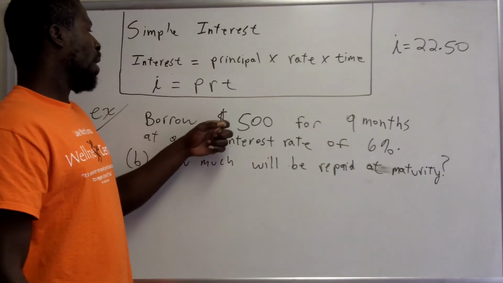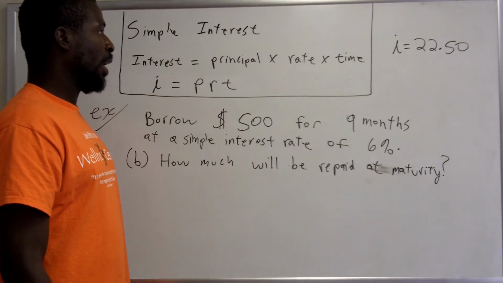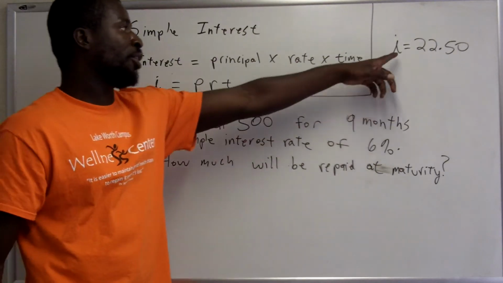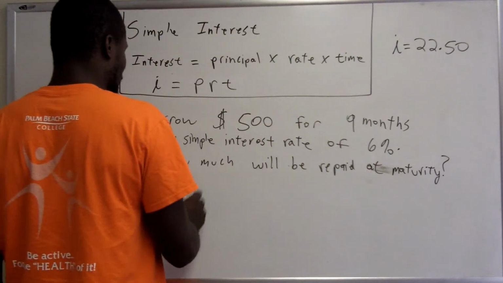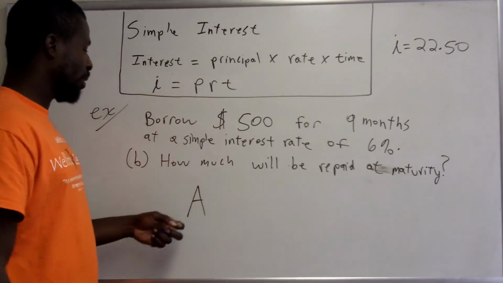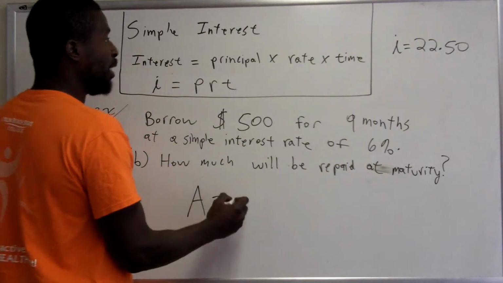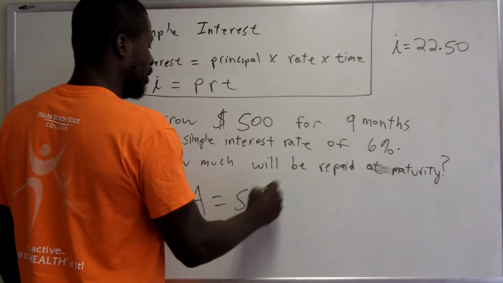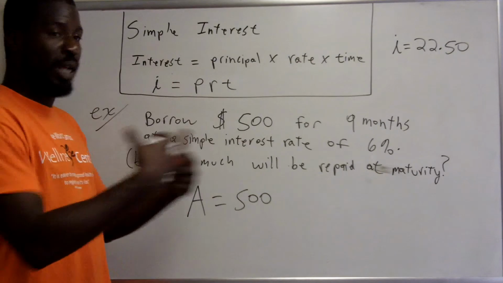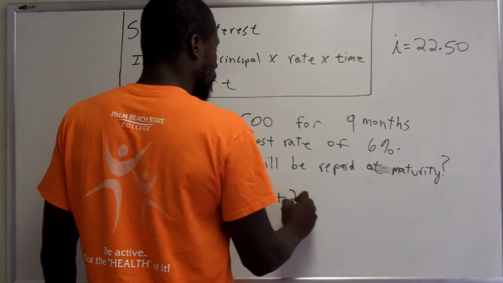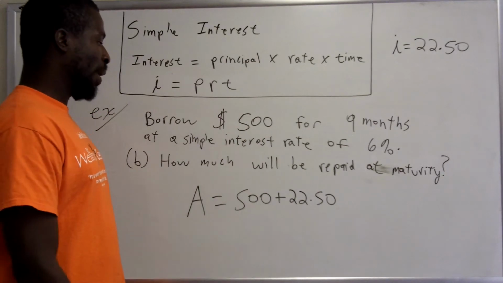Well, you borrowed $500, and the interest that they're going to charge you is $22.50. So the amount that has to be repaid, the accumulated value of your loan, is going to be the $500 that you borrowed that you now have to repay, plus the $22.50 that they are charging you for borrowing that amount of money.